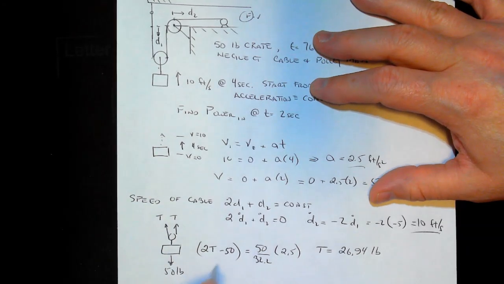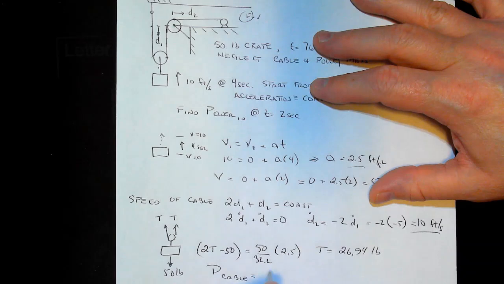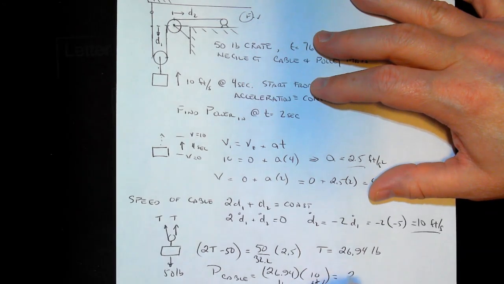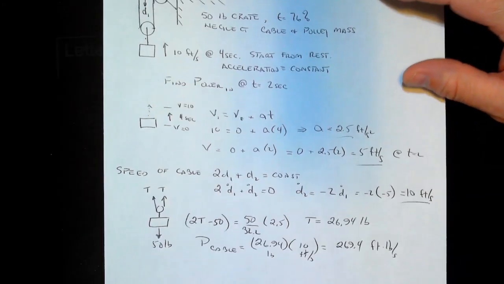All right. Well, knowing that, we have the power in the cable is simply 26.94 pounds times 10 feet per second. And so we have 269.4 foot-pounds per second. Or pound-foot per second, whatever you care to write.